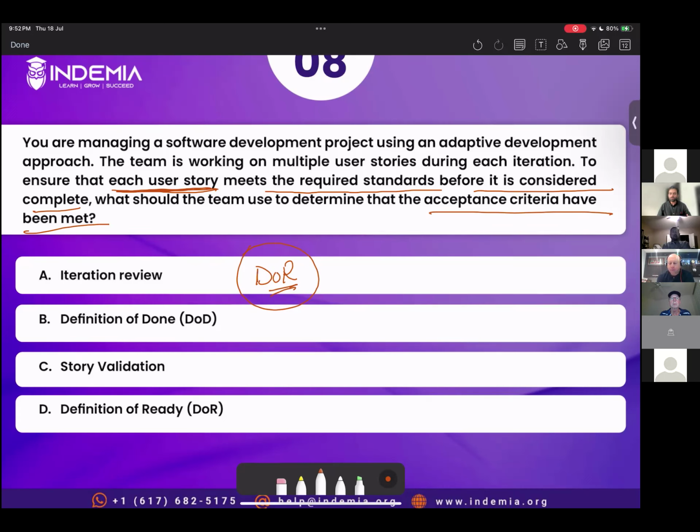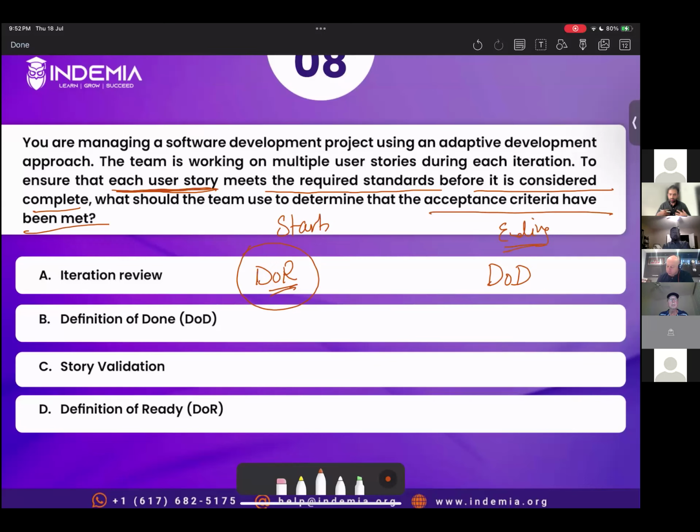But here we are not talking about ready to start your work. We're talking about ready to deliver your work. We're talking about conditions which should be fulfilled to consider a product complete in all aspects. So DOR is for the starting point, right? And DOD is for the ending point, right?